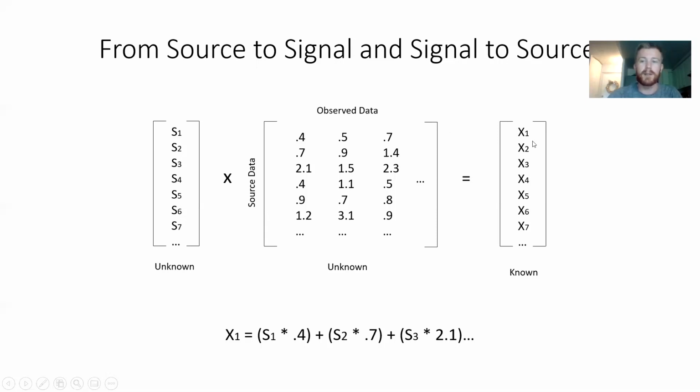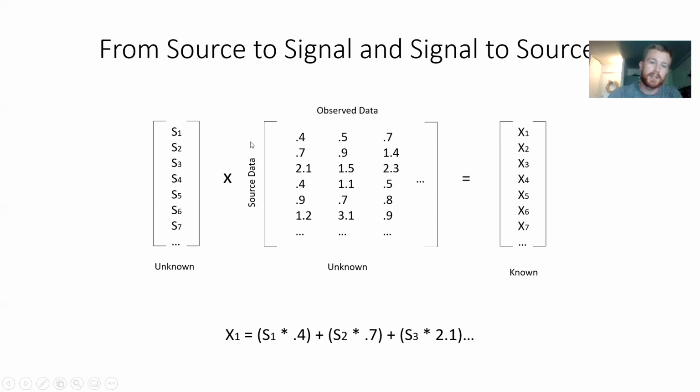So for instance, if we wanted to know how to get to the signal recorded from channel X1, then what we're going to do is look at the column in this mixing matrix. This column is X1, this column is X2, this column is X3. We're going to look at this column, and we're going to take this weight and multiply it by each of these sources.